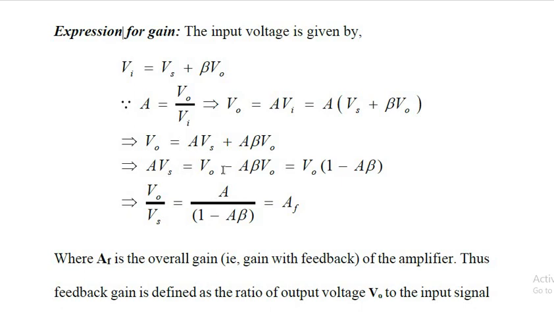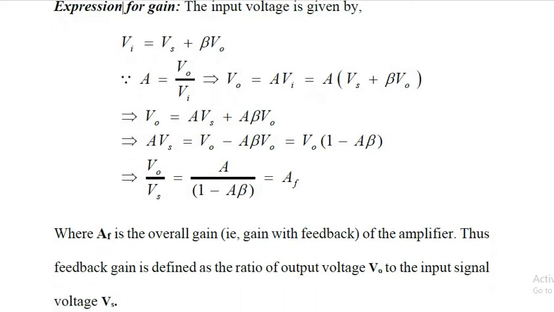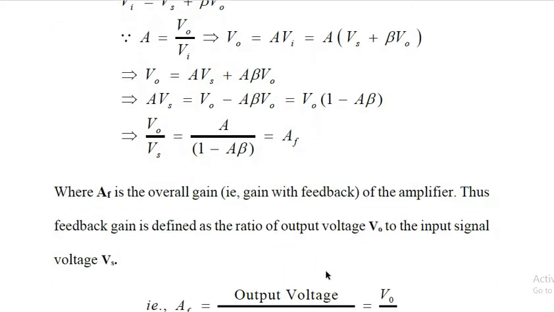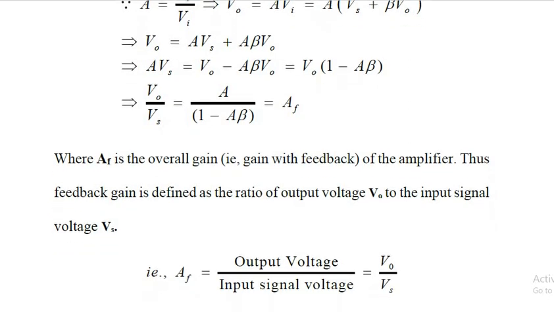So in this equation, you keep Vo as it is, bring Vs to the denominator by cross multiplication, and we get A divided by 1 minus A beta is equal to AF, where AF is the overall gain of the amplifier with feedback. Thus gain with feedback is defined as the ratio of output voltage to the input signal voltage.